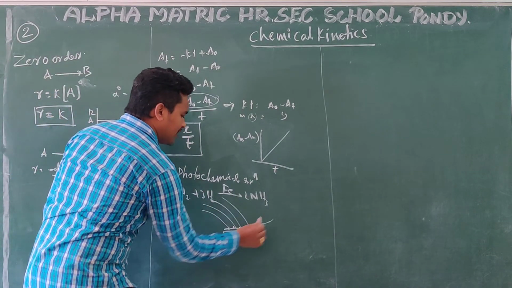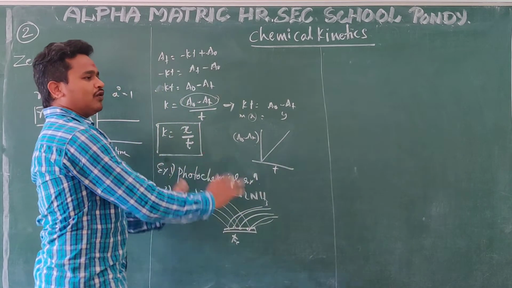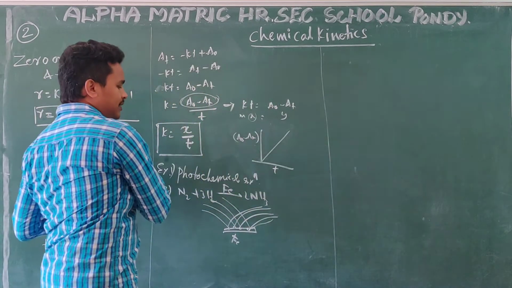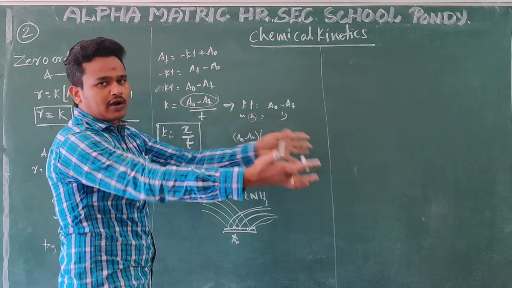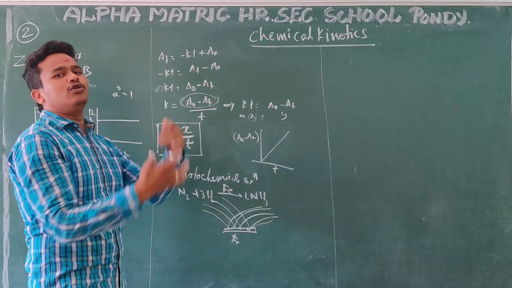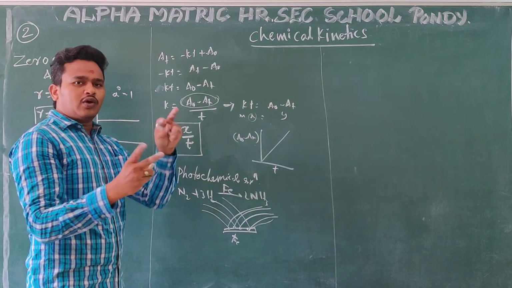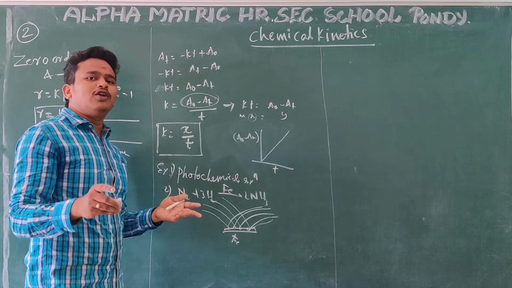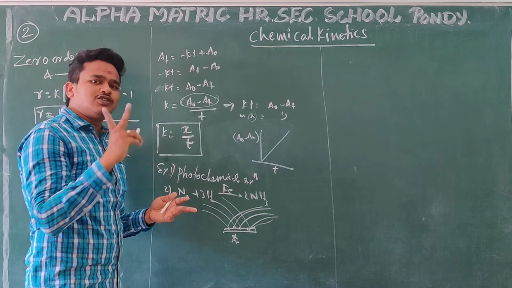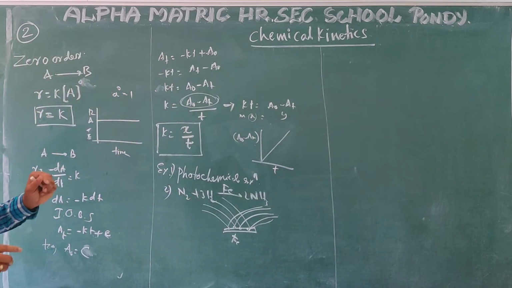That 4 only convert into product, and then the other set of 4 will come and convert into product. Each 2 minutes 4 are going, next 2 minutes 4 are going. So 4 by 2 is 2, that is why the rate is always 2. That is why rate is constant for a zero order reaction.